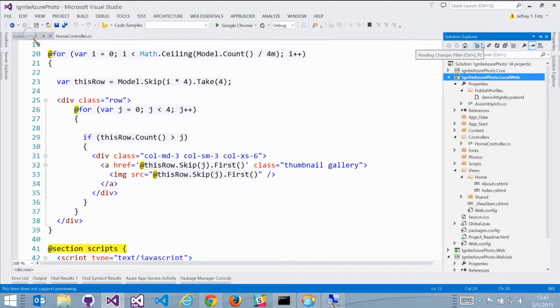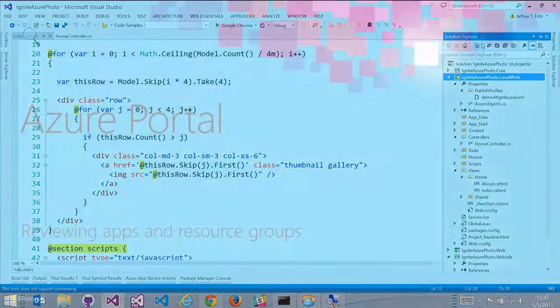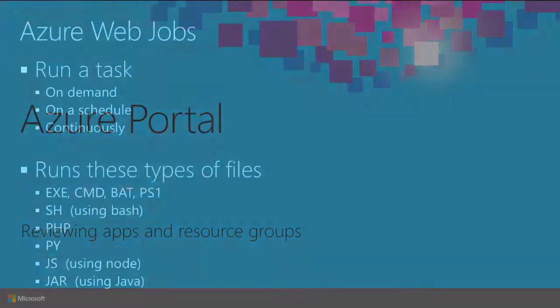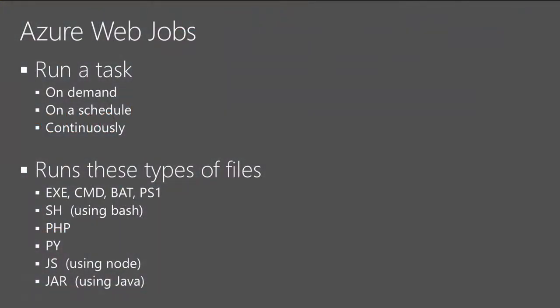Let me go back to the slides, and I want to talk about now some of the things that we want to do to start making this web application run better. Okay? So the first thing is web jobs. So Azure Web Jobs are an executable that you put out there in the cloud that will run a task or a collection of tasks, okay?